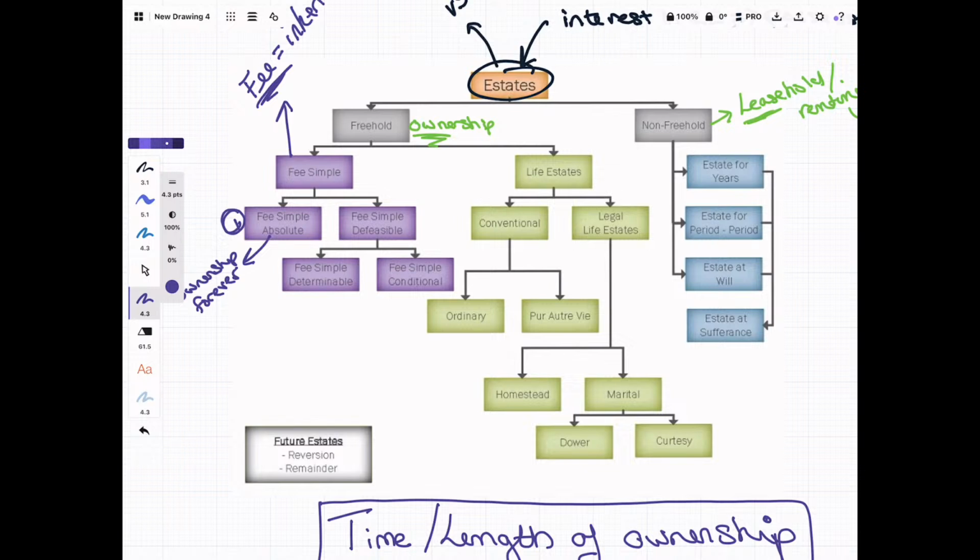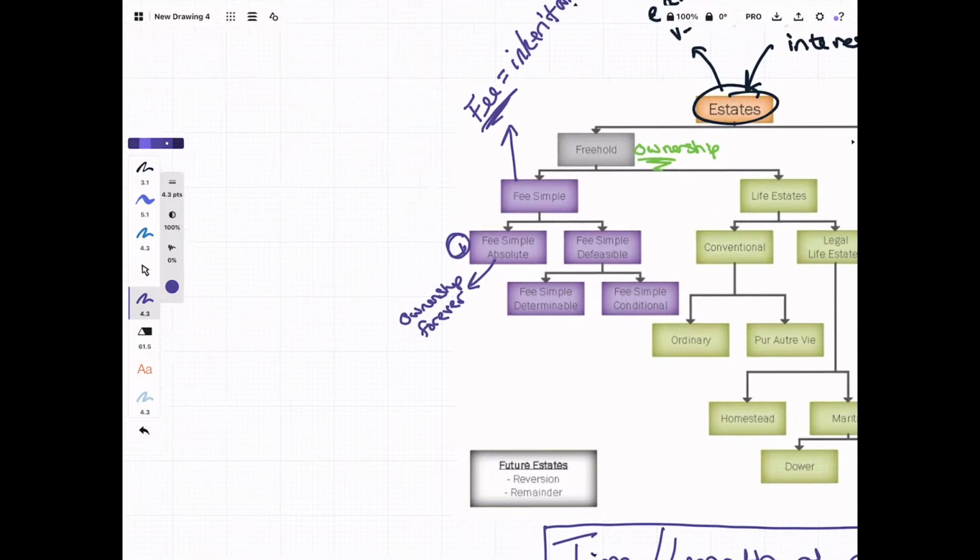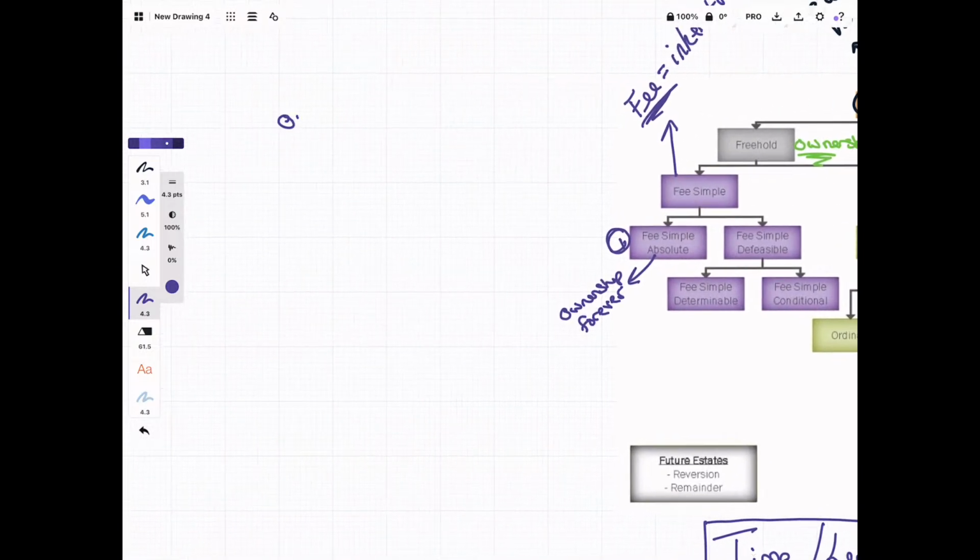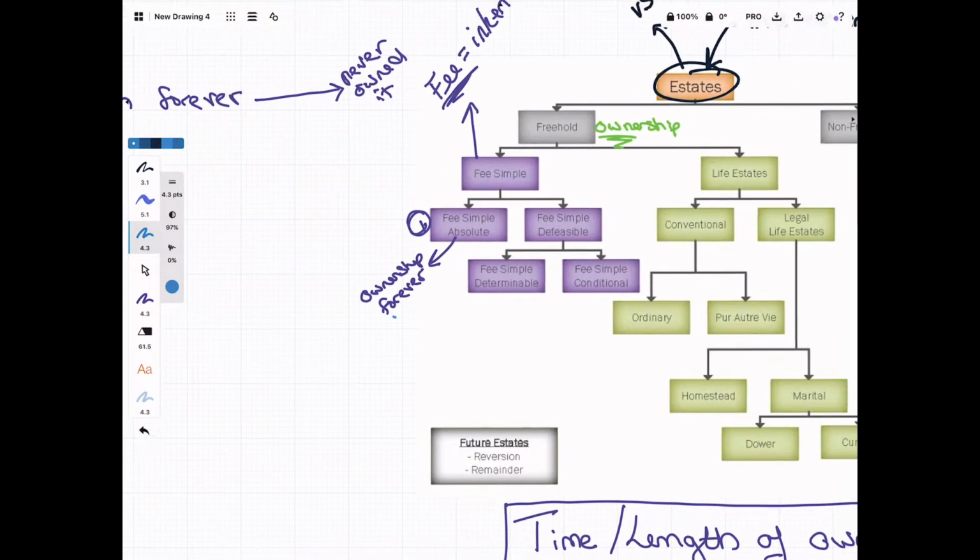That's what I mean by absolute. Your ownership is forever. And everything you see on this chart is about going from you own forever all the way over to you never owned it. Think about it, and I'm going to use this blue. You own it forever.